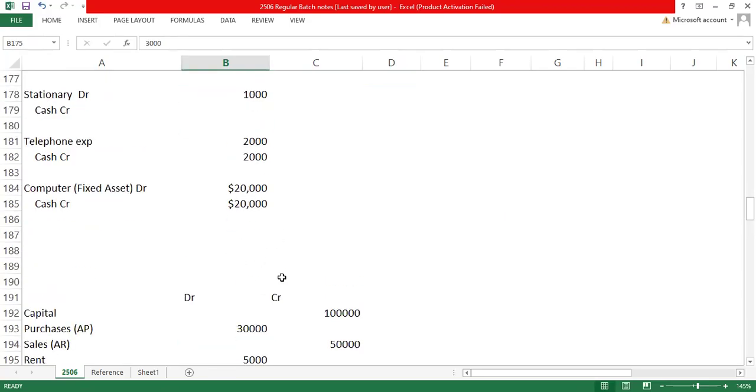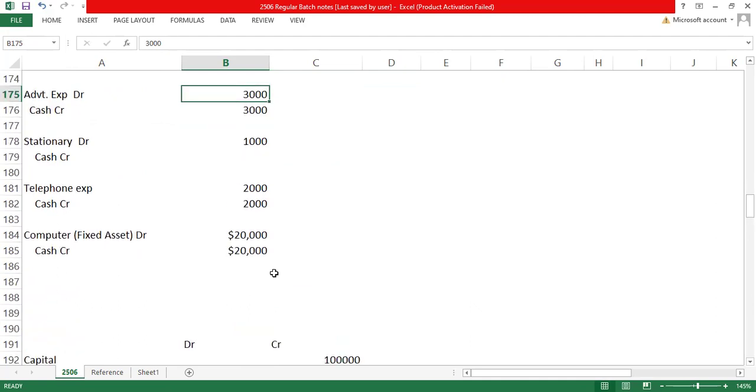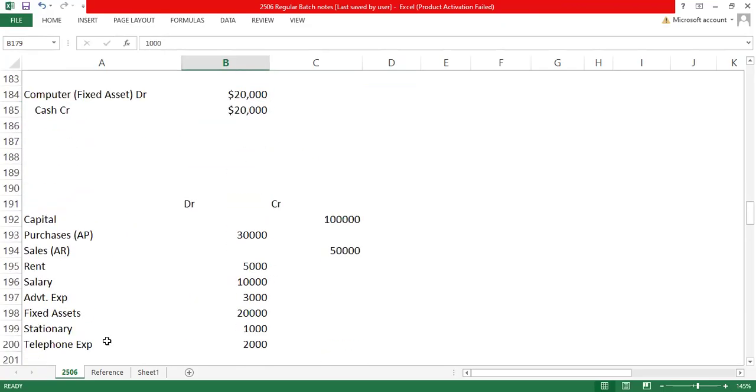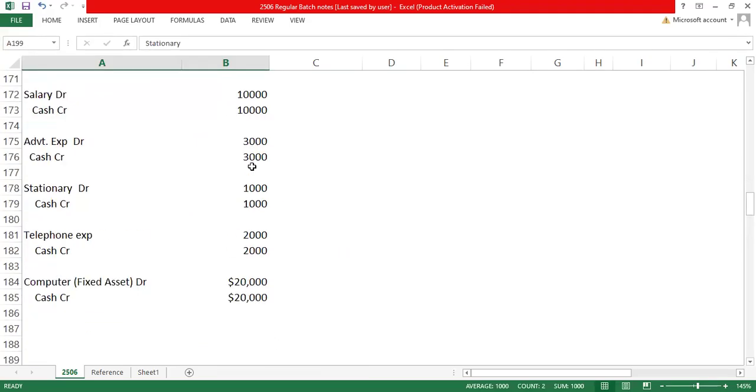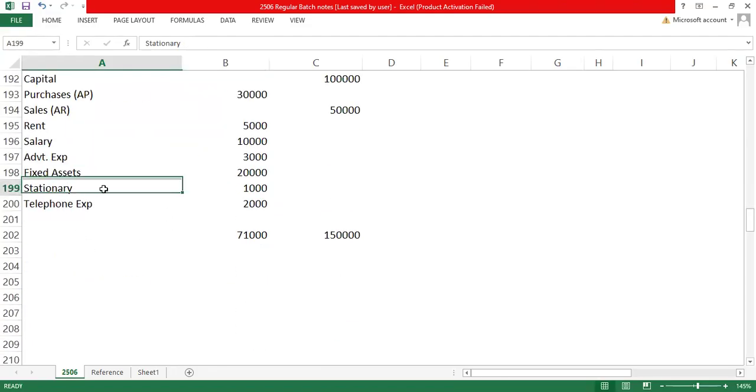Are we able to make out what is wrong here? Why are we not able to see debits equal to credits? You missed that stationery account. Stationery is 1,000. I think stationery we have updated. That is okay because we are not making a total here. I just updated it now, but we already had that 1,000.